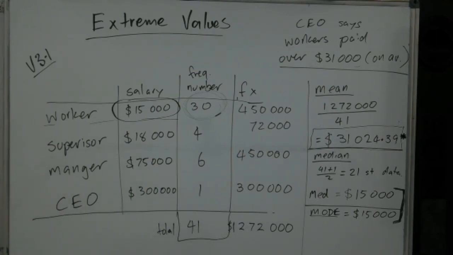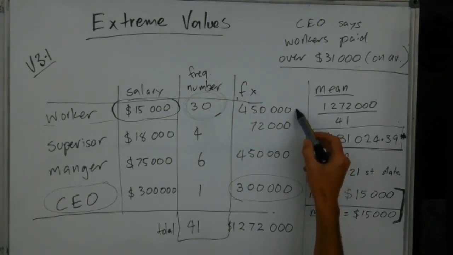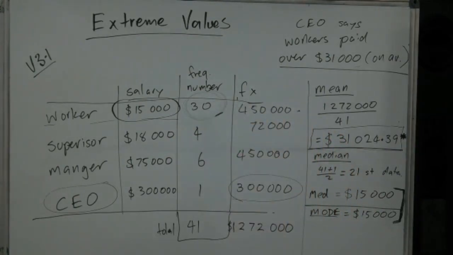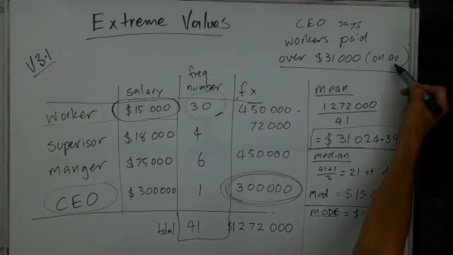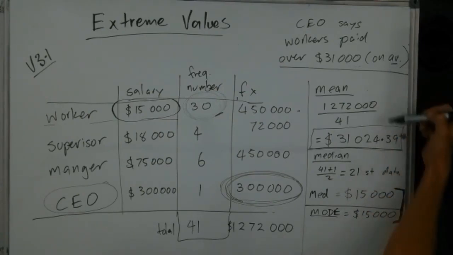And essentially, because this one person, the CEO, is paid $300,000, which is about 2/3 of that, which is shared between 30 people, this CEO's salary is an extreme value in the whole data set, which is greatly affecting the mean. So when the CEO says on average, he's talking about the mean, not the median or mode.